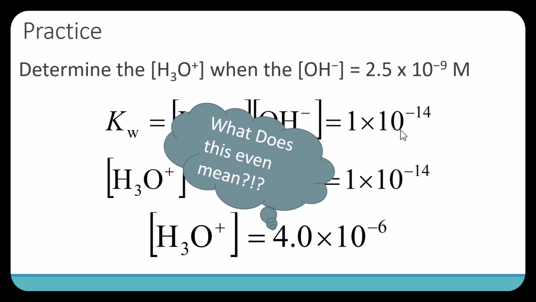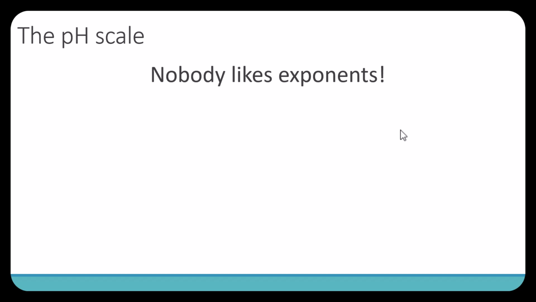And when we talk about things like pools having a correct pH, or water being alkaline, we don't talk about the concentration of hydronium and hydroxide. What do we talk about? We talk about pH.